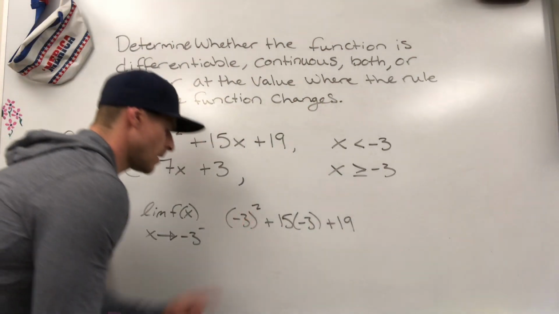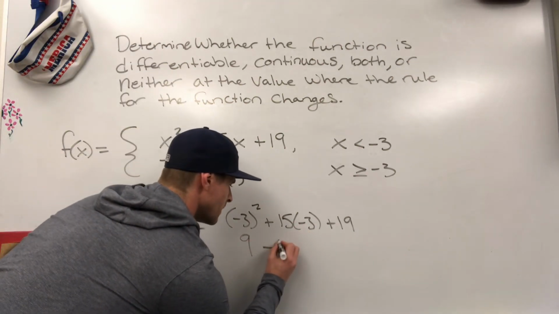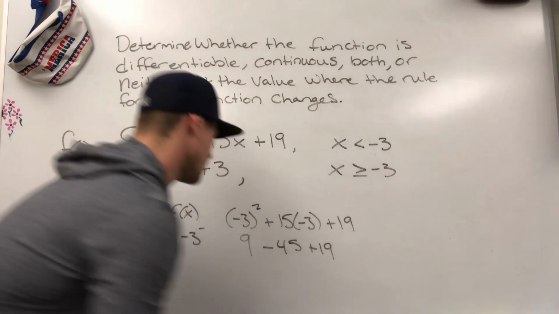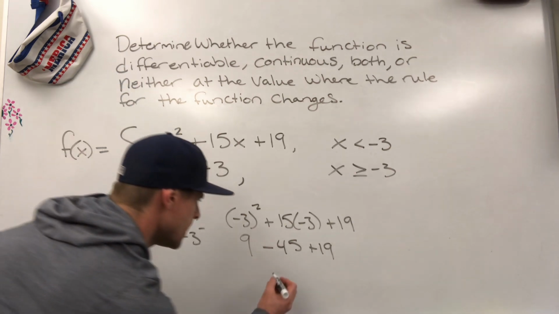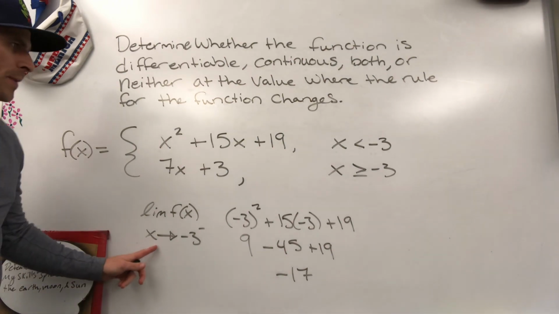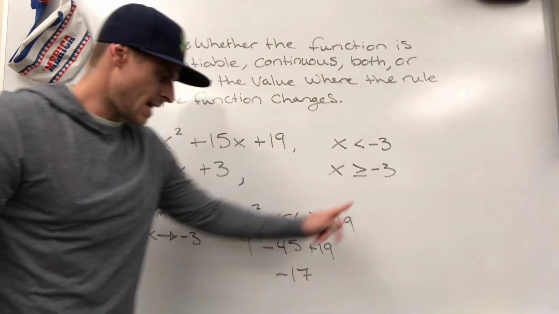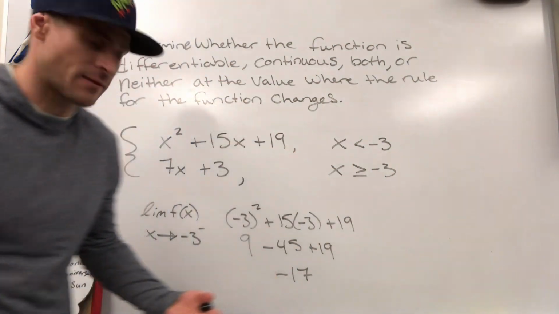Now -3 squared, negative and negative, make that +9. 15 times -3 is going to give me -45 plus 19 more. I'm now working with -17. All right, so now what I'm hoping is as I approach -3 from the right side, I get a -17 as well, telling me that it's continuing through the same exact value.